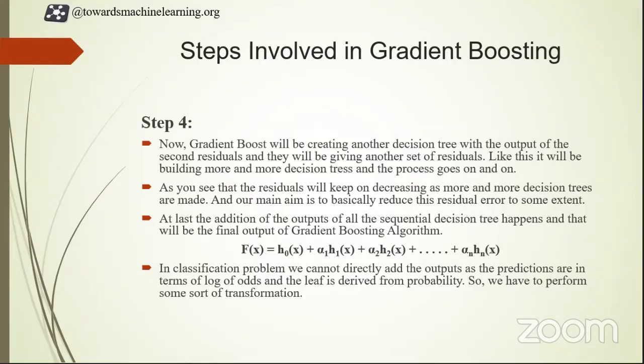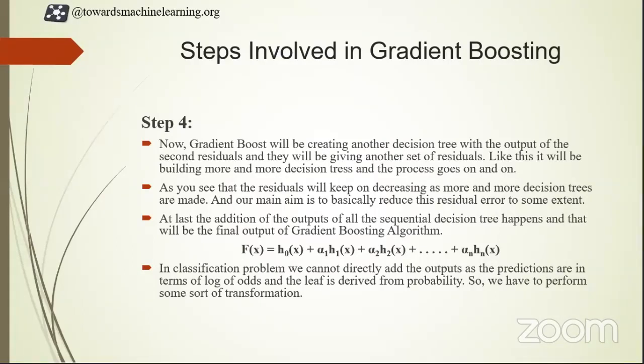As you can see, we have this formula F(x) = h0(x), the output of a base model, then alpha 1 h1(x), the output of the first model, then the second model, and similarly up till n, we can add the output of all the decision trees together in order to get one good output. Now what is this alpha?